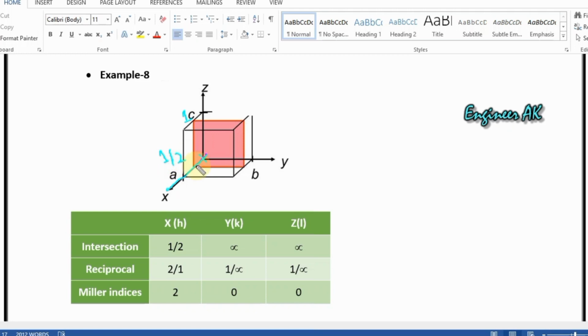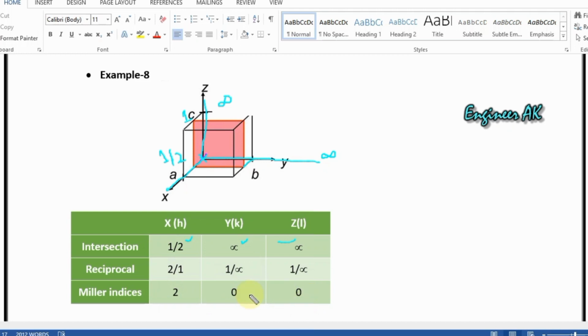It is not cutting at 1, but at the mid you can see it is cutting at 1 over 2 on the x-axis. If we move along the y-axis, it is cutting at infinity, and along the z-axis it is again parallel and not cutting it, so infinity. So 1 over 2, infinity, infinity, and taking the reciprocal of it, it becomes 2 0 0.